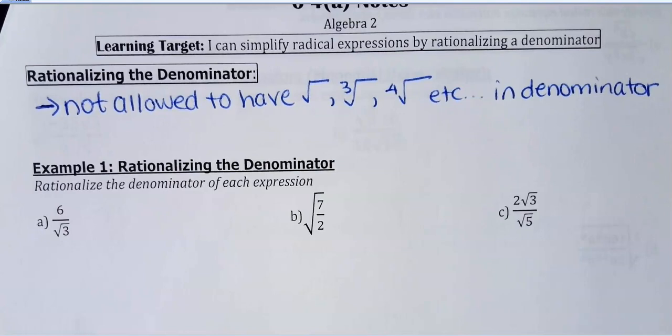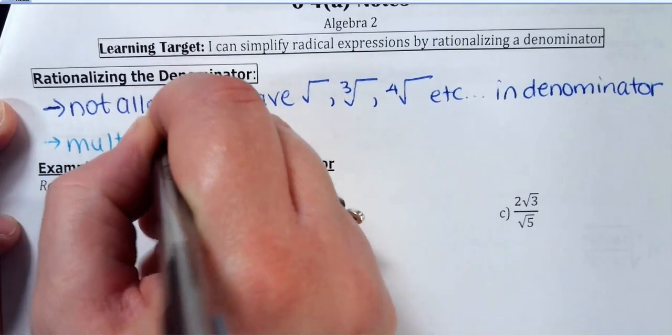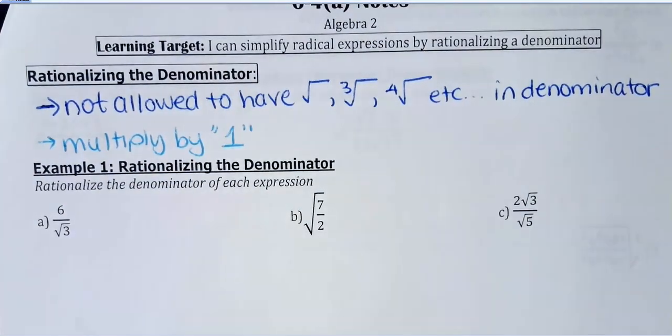All right, so the process for rationalizing a denominator is literally we're just going to multiply by 1, which I'm just going to put little quote marks because it will not look like the number 1 when we do it.